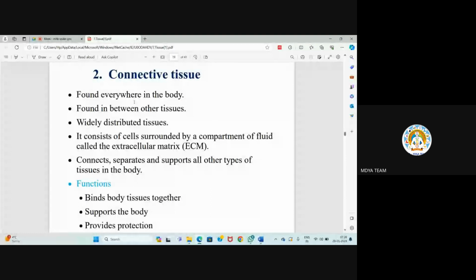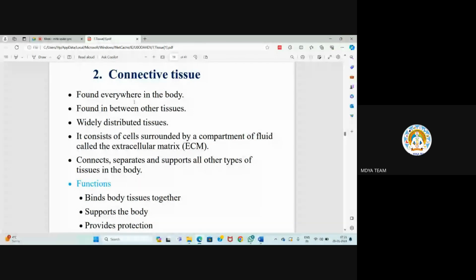And in some cases, it also separates. If we go through the extracellular connective matrix, it is separating one cell from another cell. This could be one example. Can we have an example of how it separates?